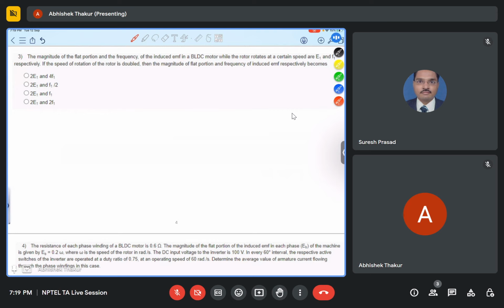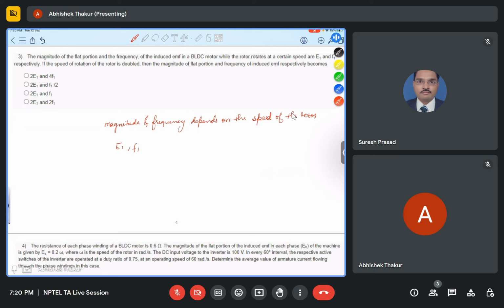As taught in the lecture, we know that magnitude and frequency depend on the speed of the rotor. So in the first case, E1 comma F1 is the amplitude and the frequency.